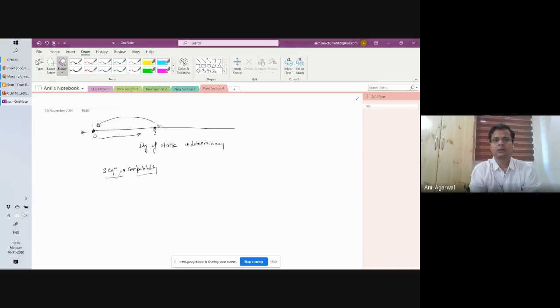The stiffness method says that let's consider some locations as degrees of kinematic indeterminacy, DOF, degrees of freedom, or kinematic indeterminacy, and we will have some discussion on what is kinematic indeterminacy or degree of freedom.